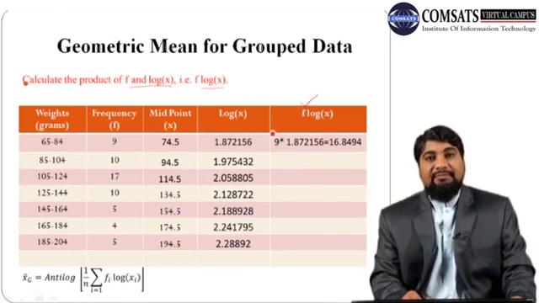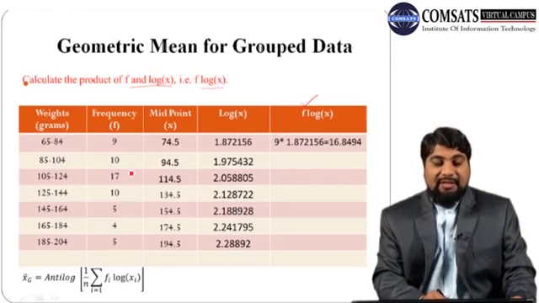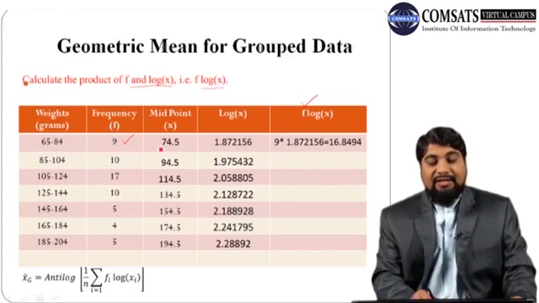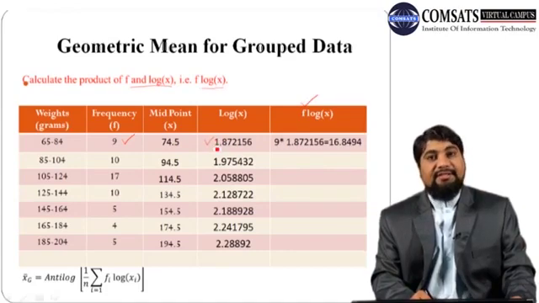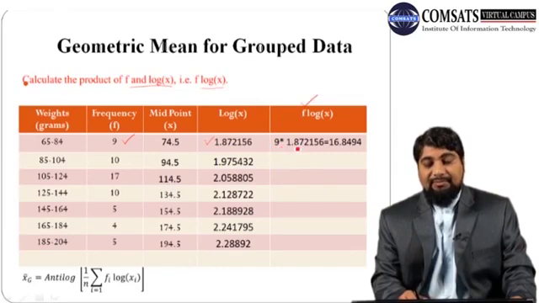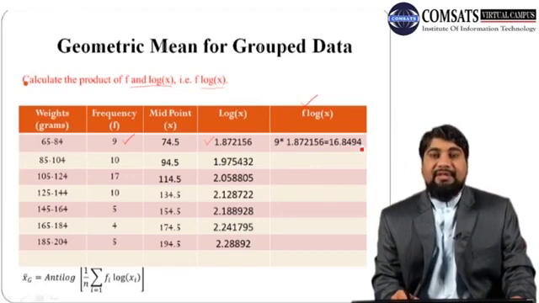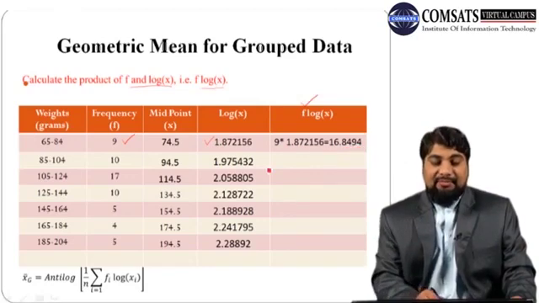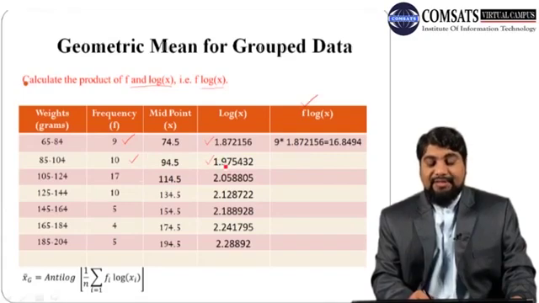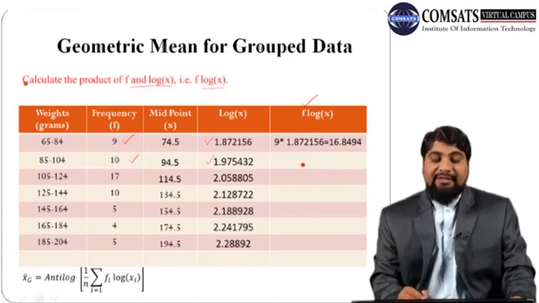Create a new column, label it as f log x, and then multiply the frequency 9 of the first class with log x corresponding to the first class. So 9 into 1.872156, we get 16.8494. Similarly multiply the second frequency with the second one, 1.975432, and you will get another number, and so on.